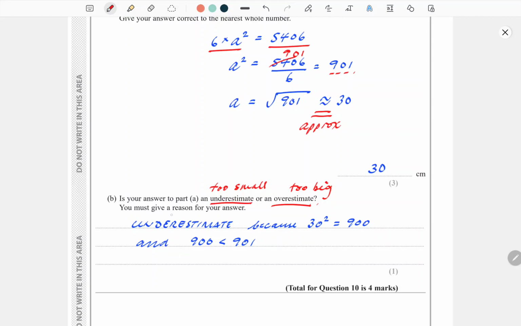And give a reason for your answer. Make sure you answer that part of the question. It is an underestimate. Why? Because 30 squared is actually 900, and 900 is less than what it actually is, which is 901. So it's just a teeny bit smaller than the real answer. So it is an underestimate.